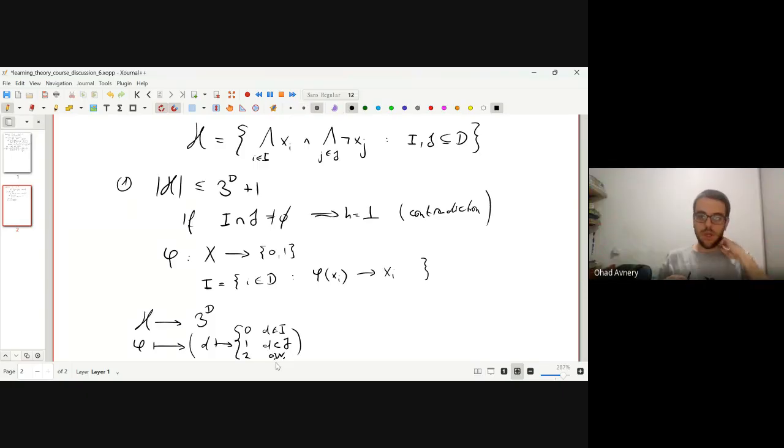And yeah, we can show that once we exclude the zero proposition, the contradiction, then this function is well defined because I and J are always disjoint, and it's also injective.